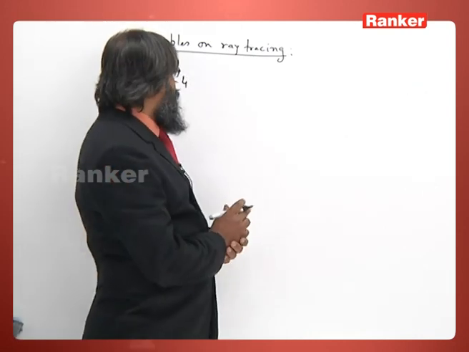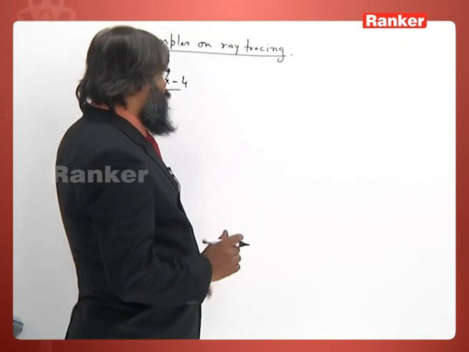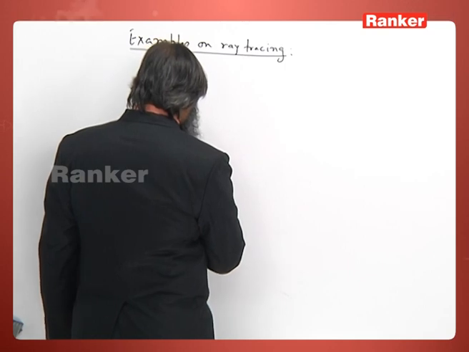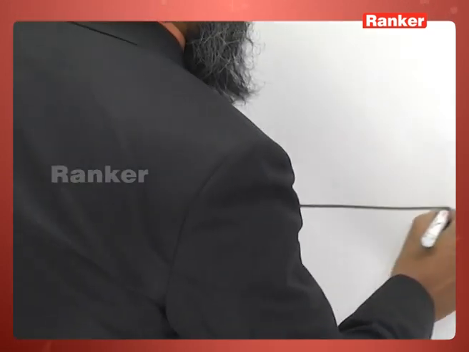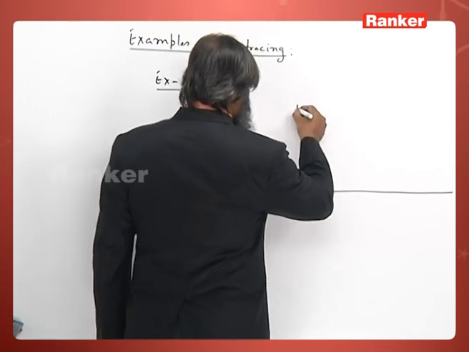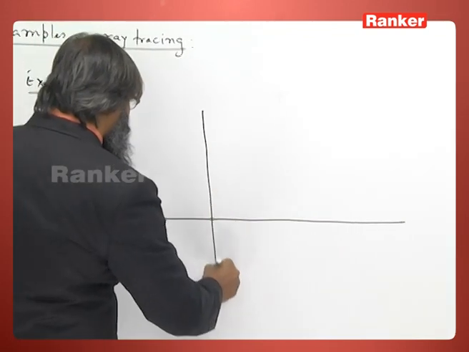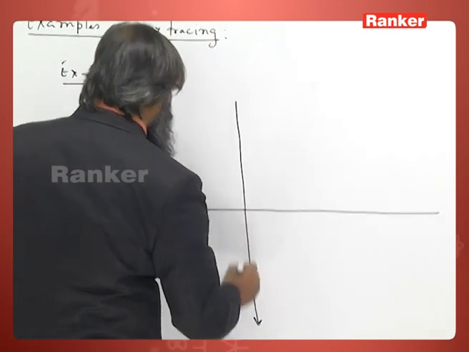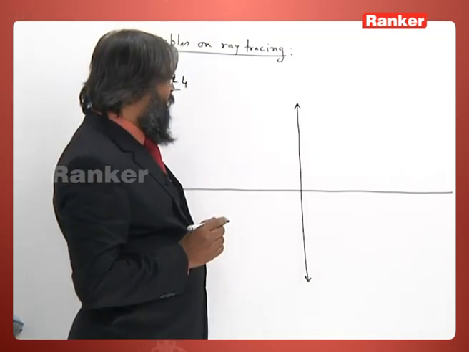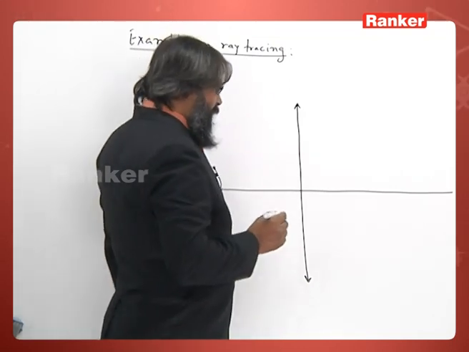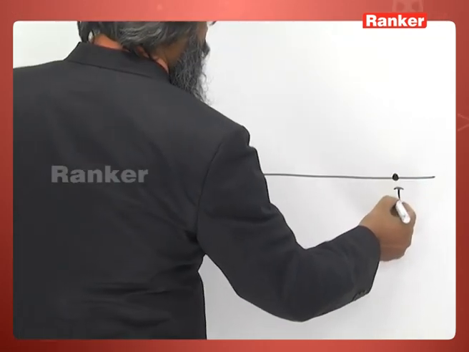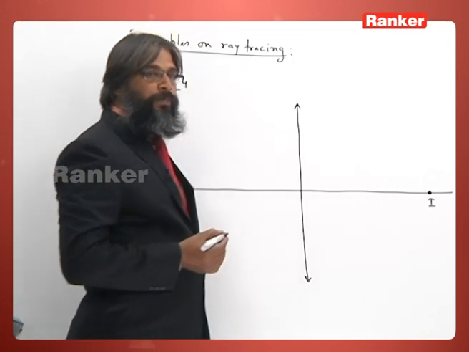Now let us take another example, the 4th example. Here we have been given the optic axis, and this is my lens position given. This is the place where an image has to be formed.